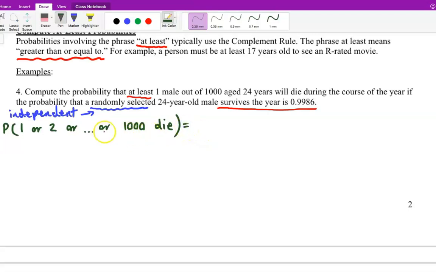To find the answer for that part, since we have "or" in between, we should use addition. So when you have "or," addition; when you have "and," multiplication.